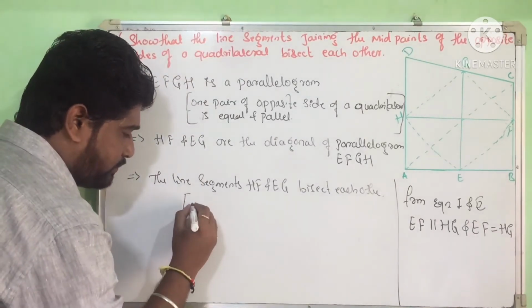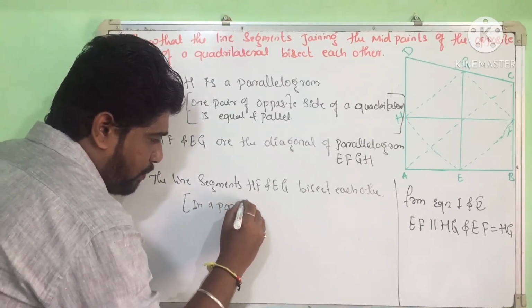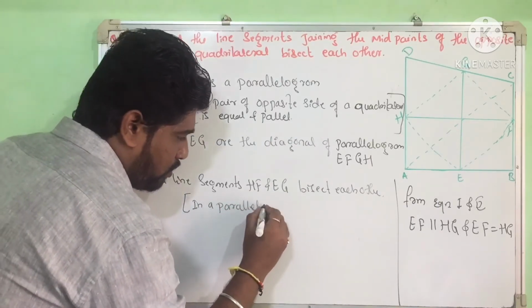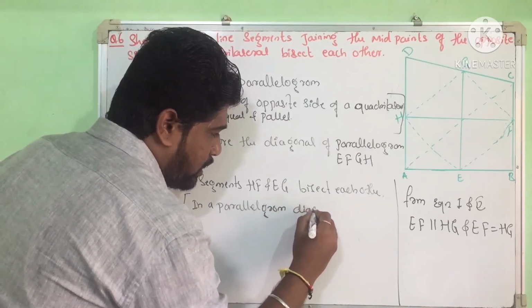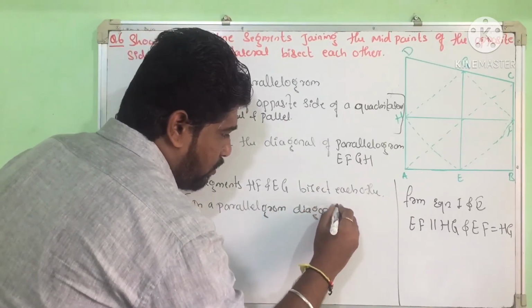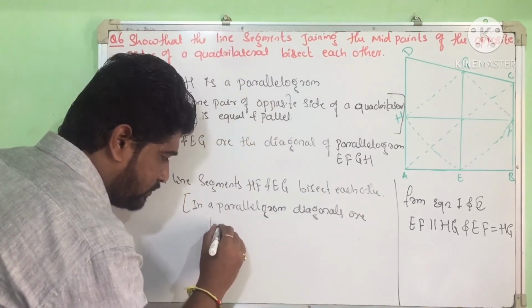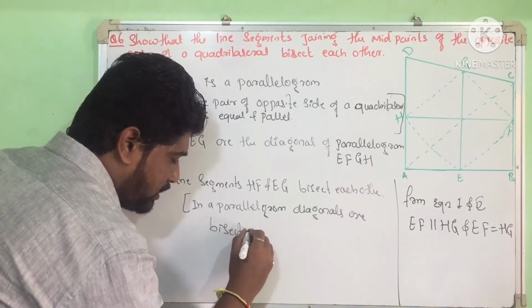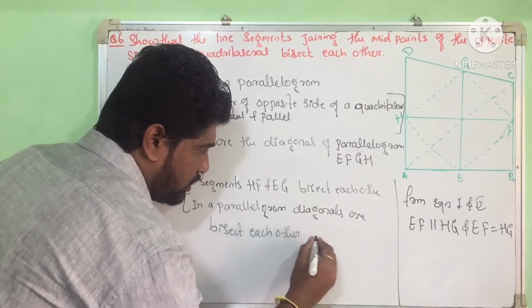So reason: in a parallelogram diagonals bisect each other.